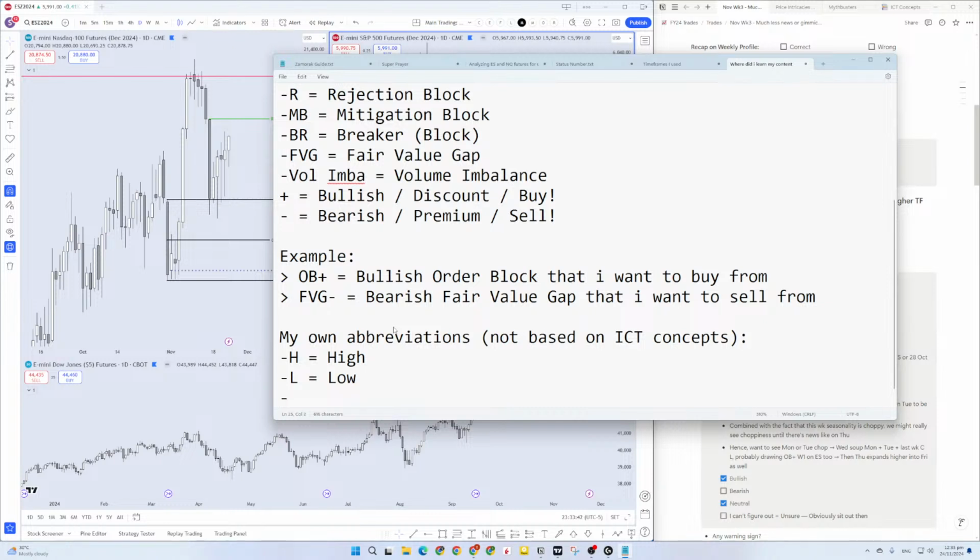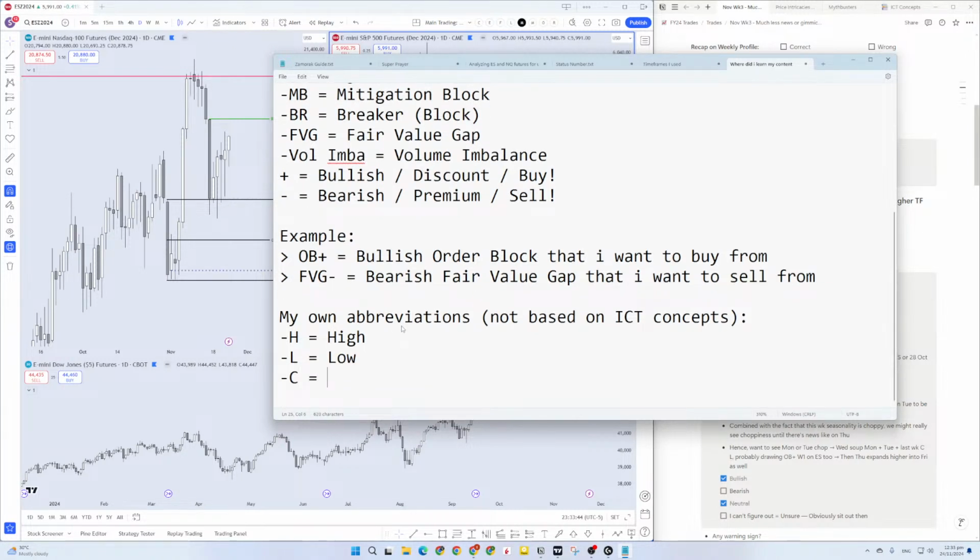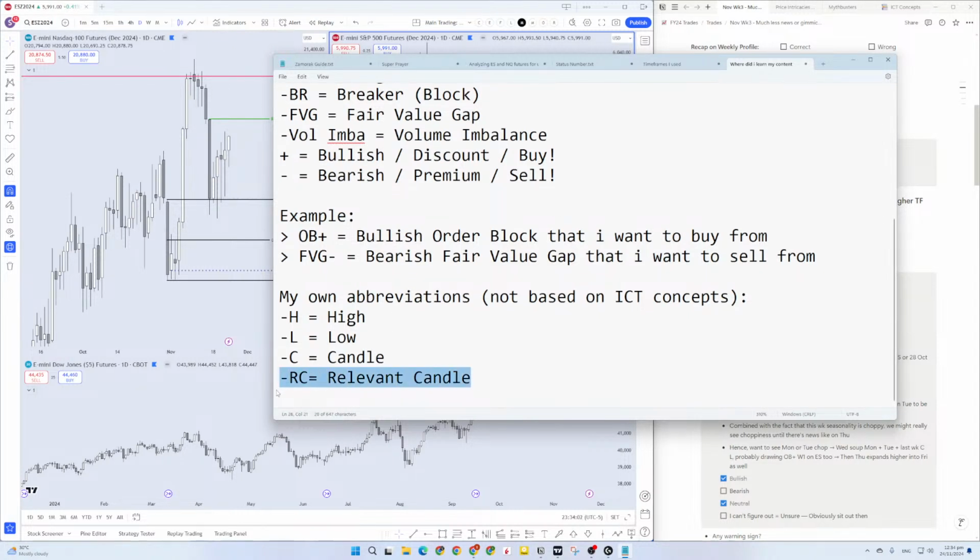Next, C equals candle. RC, I didn't come up with this, but this is my way of calling it, equals relevant candle. I will share more in the future about this. Basically, a relevant candle is a candle that I will pay more attention to. How I apply it, you will know in the future. But for now, just know that if you see RC, it means relevant candle.